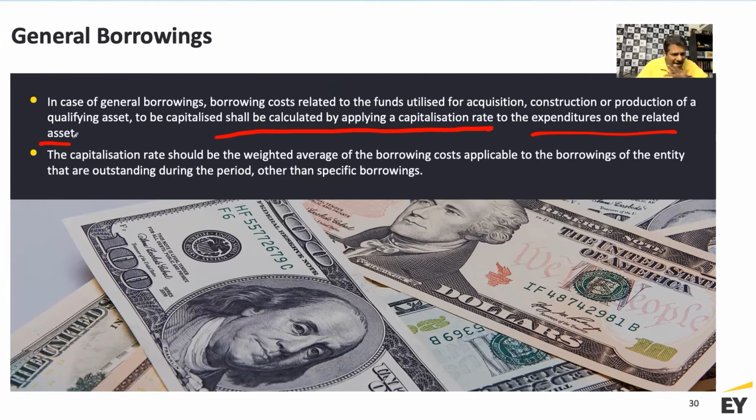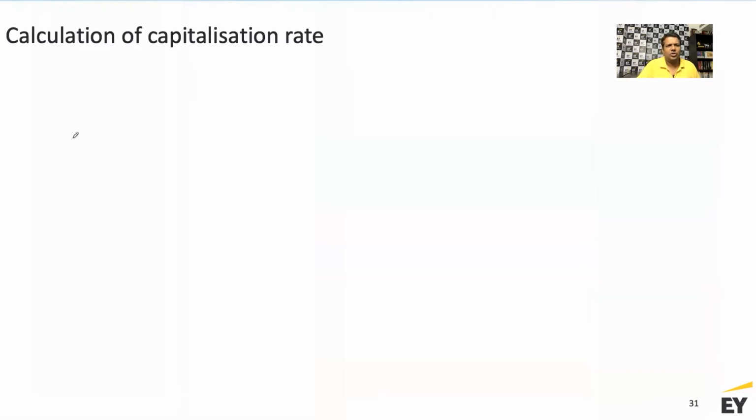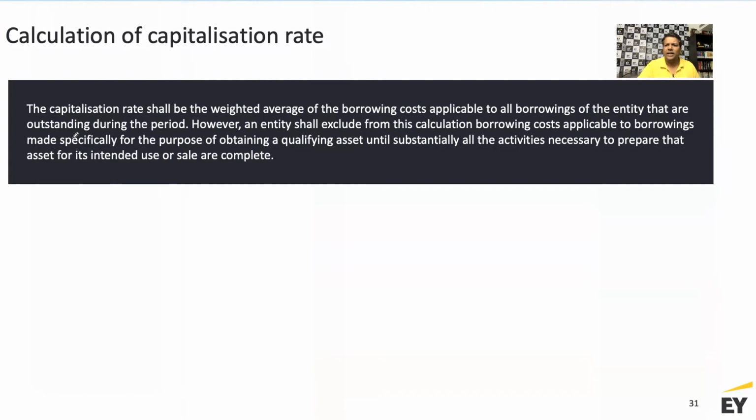So you have to look at every other borrowing, every other interest cost which is out there, and then determine your capitalization rate. So how do you calculate this? We're going to help you understand this with a few examples as well.